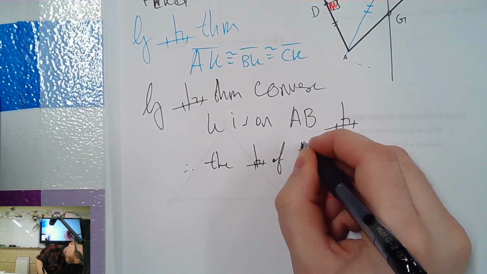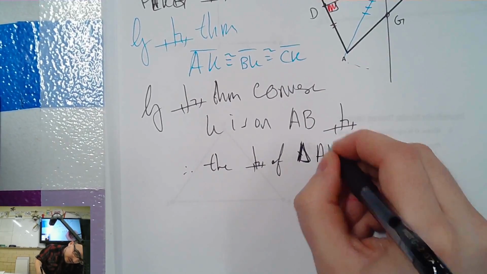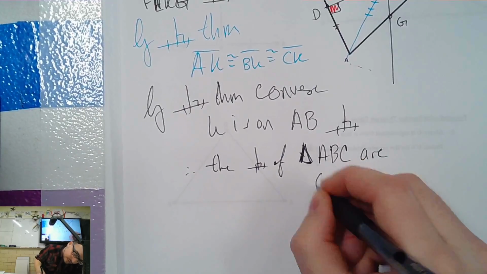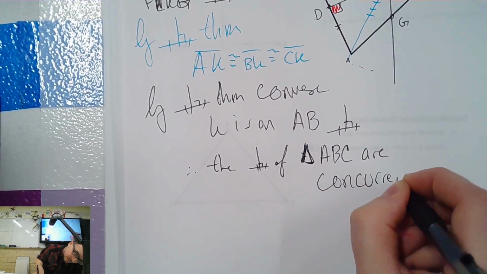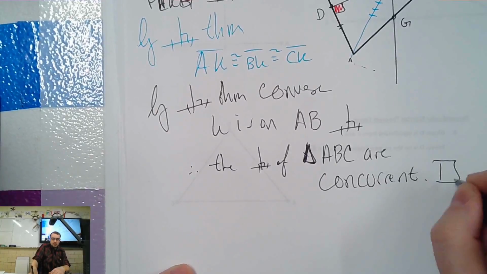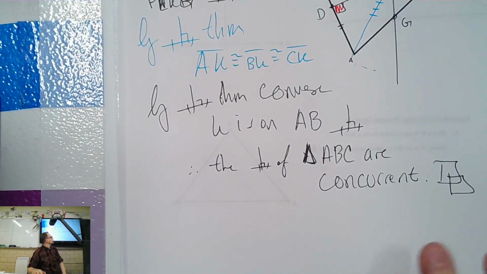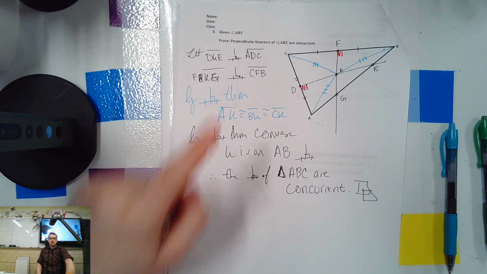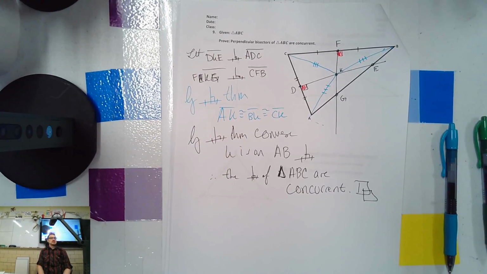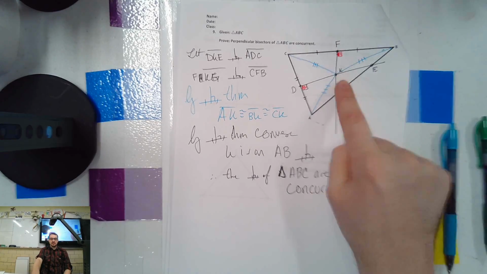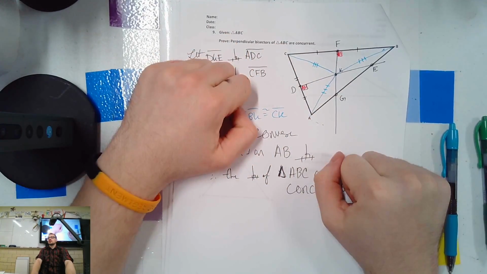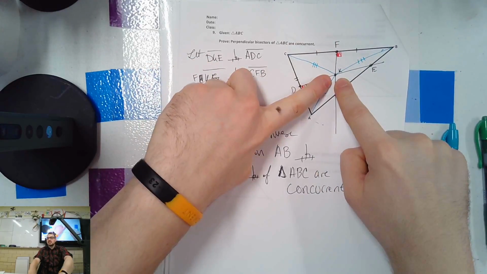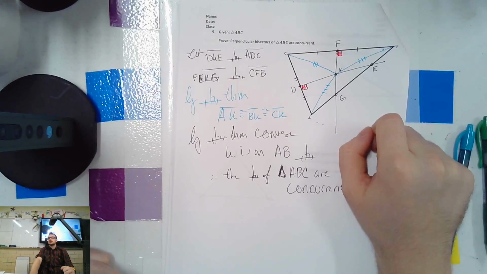Whoops, triangle. That's actually one of the easier ones. We use perpendicular bisector theorem because we're talking about perpendicular bisectors, which says that if it's on a perpendicular bisector, then it's equidistant to the endpoints.